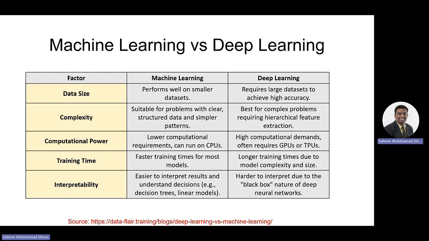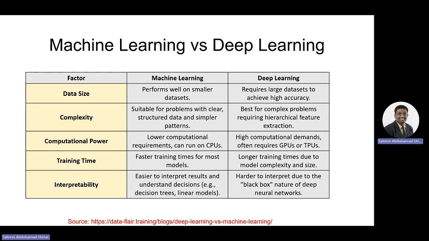For processing ability, we can use a CPU, a general system, for processing data in machine learning. But if the complexity of the problem and data size is more, then we have to go for deep learning. In deep learning, we have to use TPU or GPU.